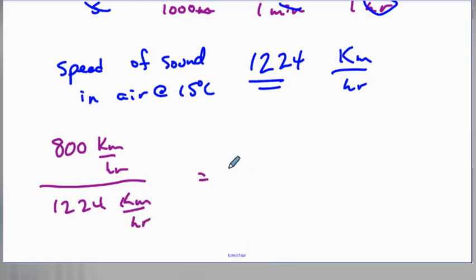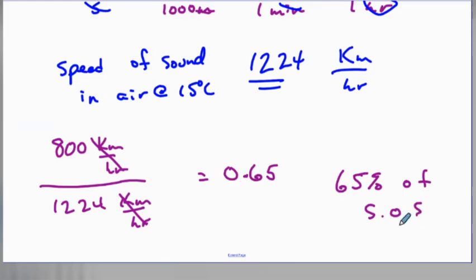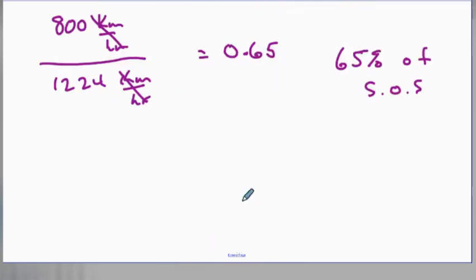And when we do that, we get a number, 0.65, with 2 digits. There's no units here because the kilometers per hour cancel out the kilometers per hour. So basically, we're going at 65% of the speed of sound, SOS. So what does that mean? The Mach number, this is the Mach number, 0.65.